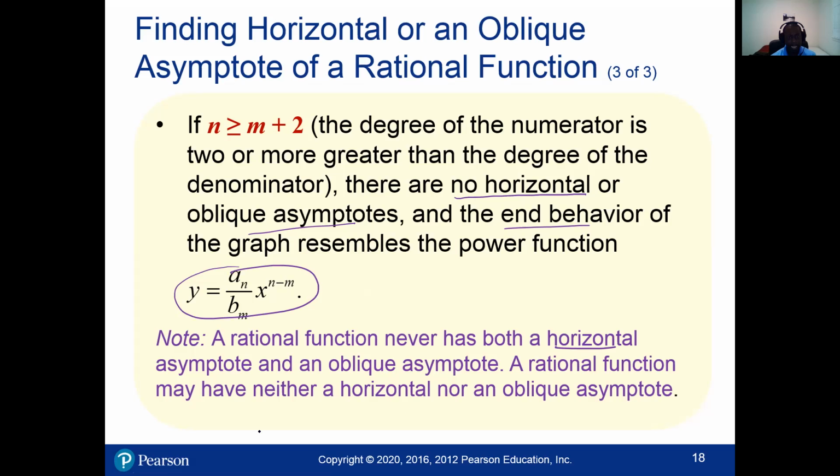The rational function may have neither horizontal nor oblique. It's possible that you can have that.